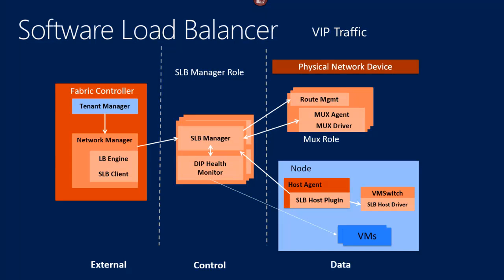And if it's not, it's going to realize that that VIP to DIP mapping should be removed, and it's going to tell the MUX agent to stop forwarding traffic there. The MUX agent is going to tell the physical network devices, through the BGP protocol, to update the routes and say, don't route traffic to this guy anymore. Once we've got that set up, traffic starts flowing through and goes to the MUX on the way into the data center. When you respond, it just goes straight back out over the internet.